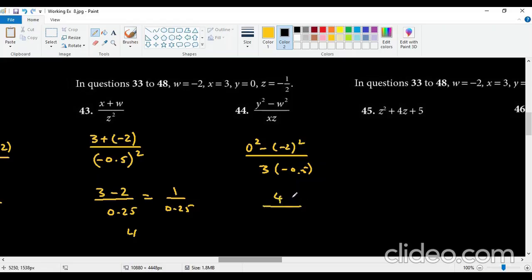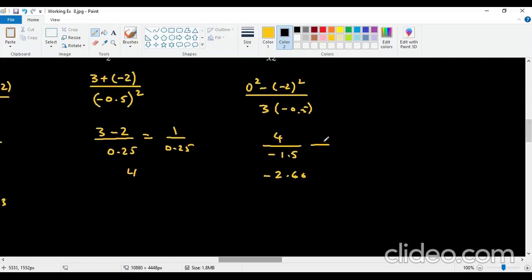Now 3 times 0.5 is going to give you 1.5, negative 1.5. So 4 divided by 1.5 is going to give you negative 2.66. You can write, or you can write 2 whole 2 over 3.